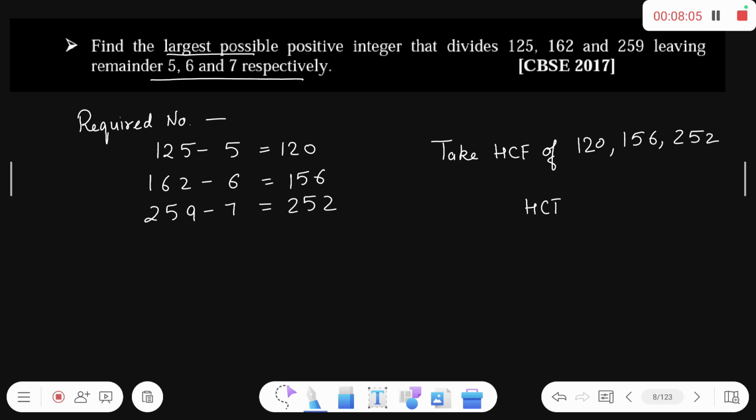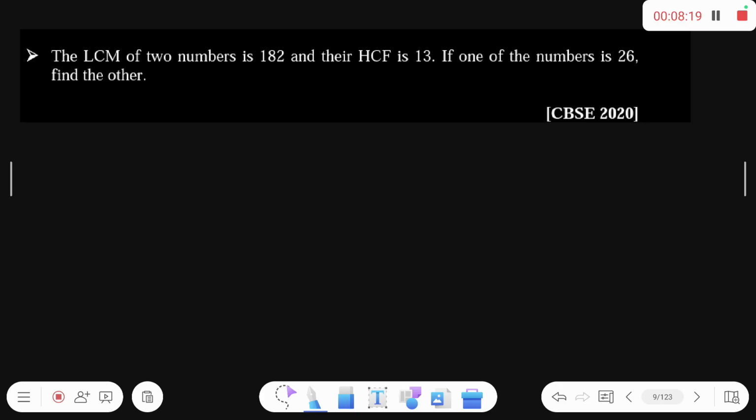HCF is equal to 12 and this is your answer. So 12 is the number which divides them and leaves remainder 5, 6, 7 respectively. Let's move to next question.